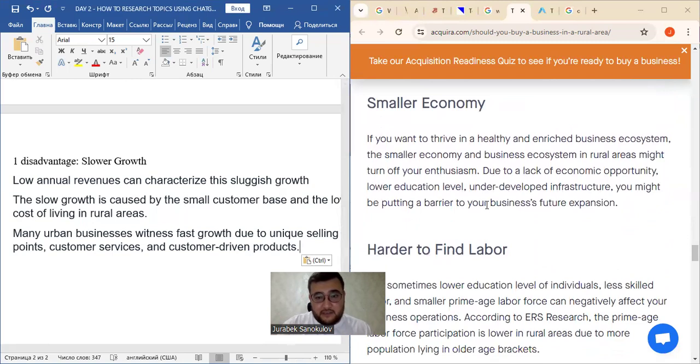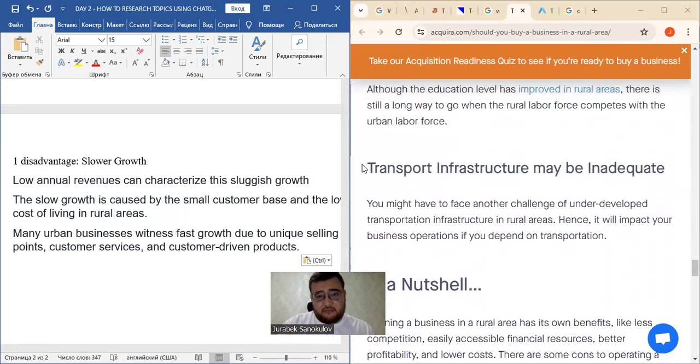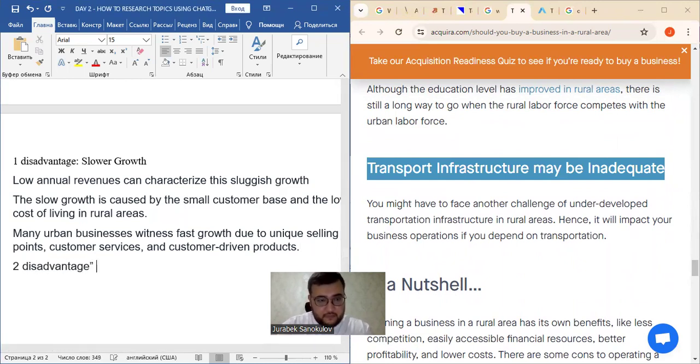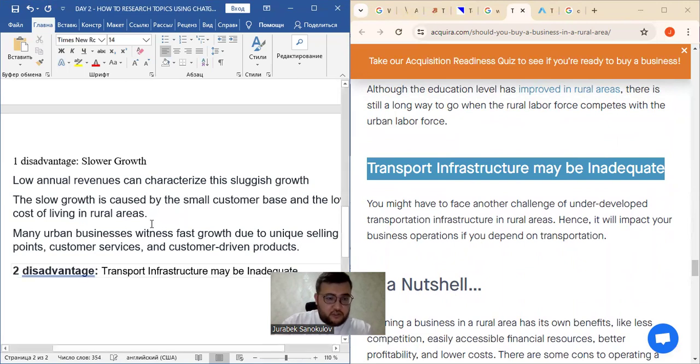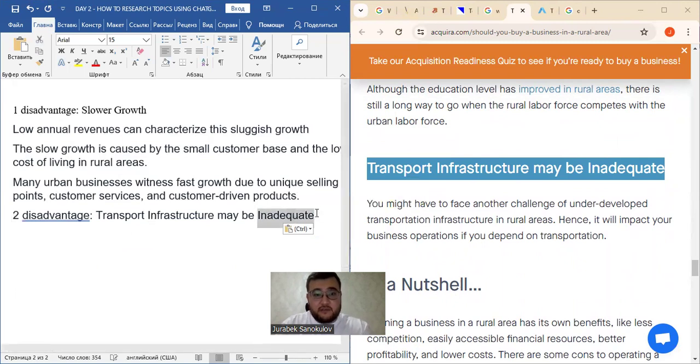So now, okay, let's choose this one. Transport infrastructure may be inadequate. That's the disadvantage. Number two. Second disadvantage. So transport infrastructure may be inadequate. Inadequate means poor.